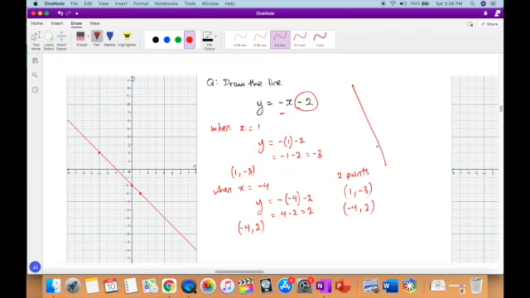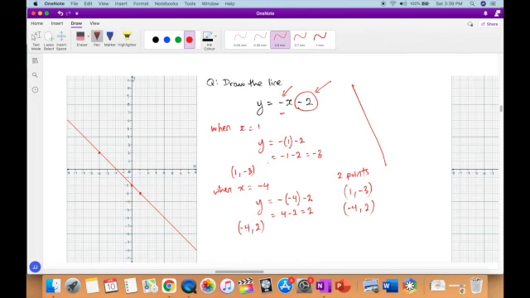So we have some clues here when it comes to the equation of a line. We'll write down these clues a little later in class, but one of the clues is that this number tells us where it is going to cut my y-axis. And then the sign in front of x tells us which direction it's going to be sloping in.